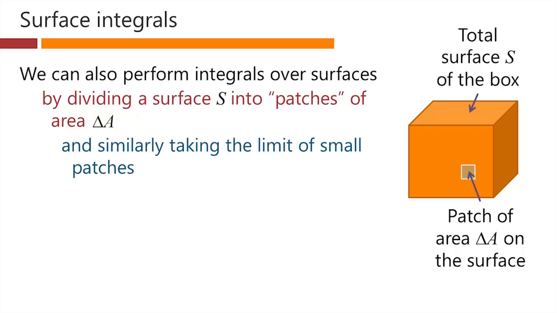Again, to get the actual integral, we would take the limit of very small patches. Here is a surface integral. We've put S here to represent that we're integrating over the surface, and we've used dA as our surface element. The integral would be the limit as delta A tends to 0 of the sum of the areas of all of these little patches on the surface.